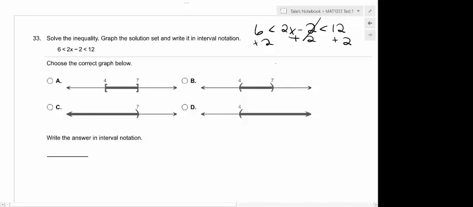That would give you 8 is less than 2x is less than 14. Awesome. And then the last step? Divide by 2. Good. And what does that give you? 4 is less than x is less than 7.